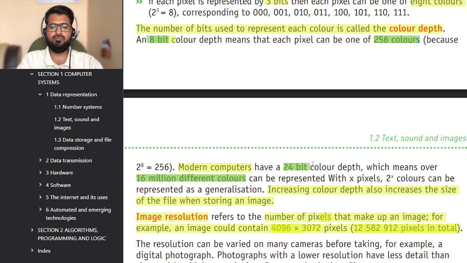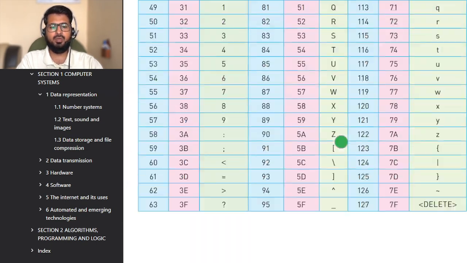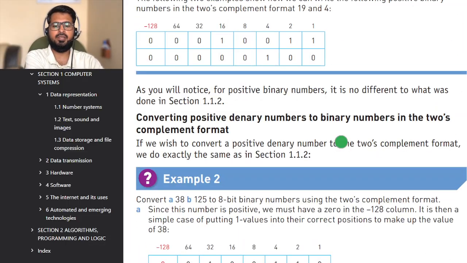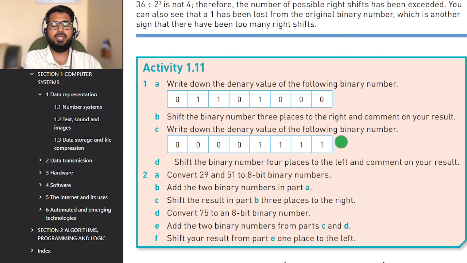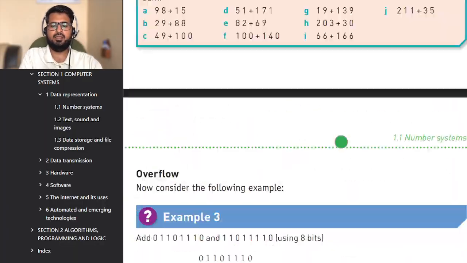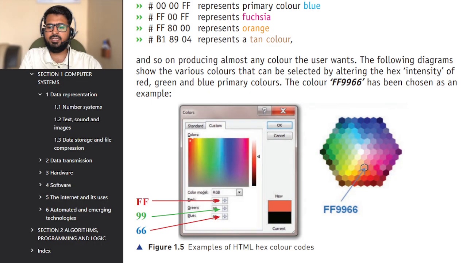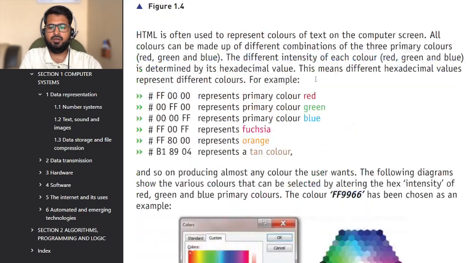And for the 24 bits, we already discussed that when we were discussing the hexadecimal use cases and studying the HTML color code. So we see that we are using six digit hexa numbers, right?